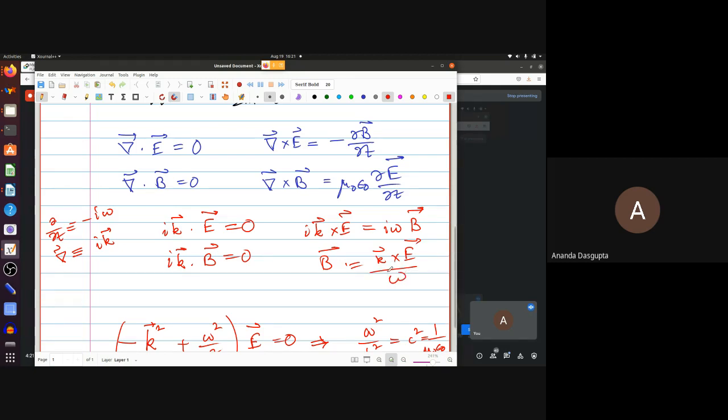So this tells you that for a plane propagating wave, only for plane propagating waves in a vacuum, the magnetic field is related to the electric field by this particular equation. This is the equation for the complex versions, but the real parts also obey the same equation. So B is going to be k × E by ω, being a cross product of E with some other vector, it has to be perpendicular to E as well.